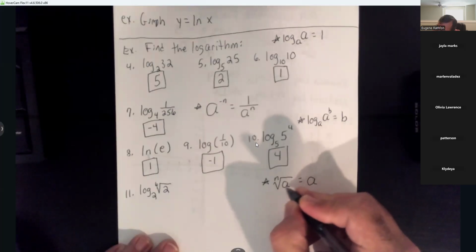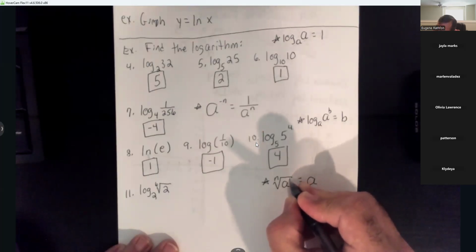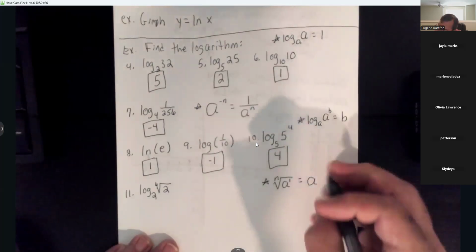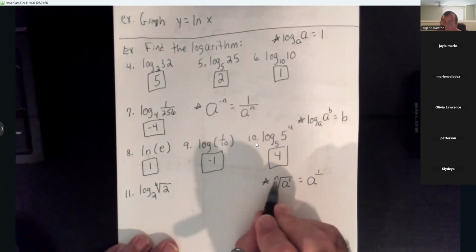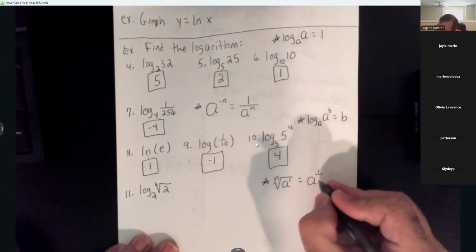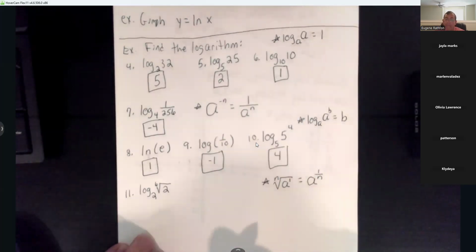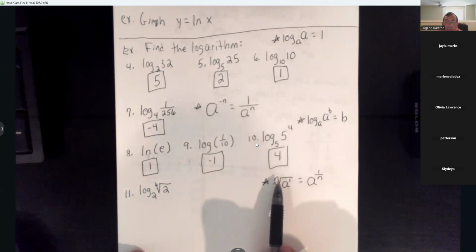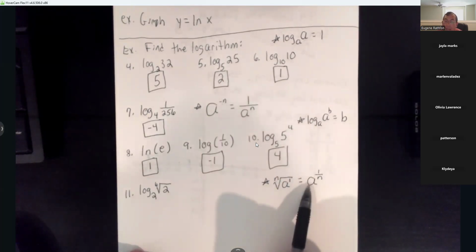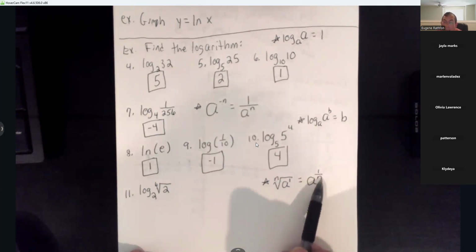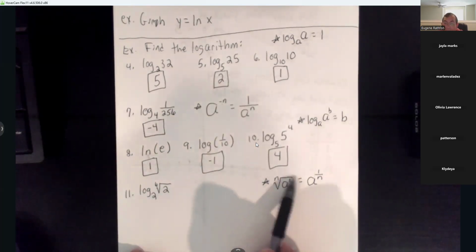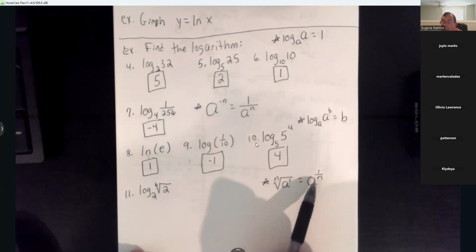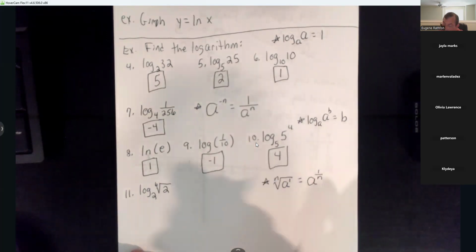Now, since the a doesn't have an exponent by it, it would technically be a 1. So this would be a to the 1 over whatever the index is, which is n. So if you wanted to do, say, the square root of a number, you could write it as that number to the 1/2 and get the same answer. So this is how you convert from a radical into a fractional exponent.